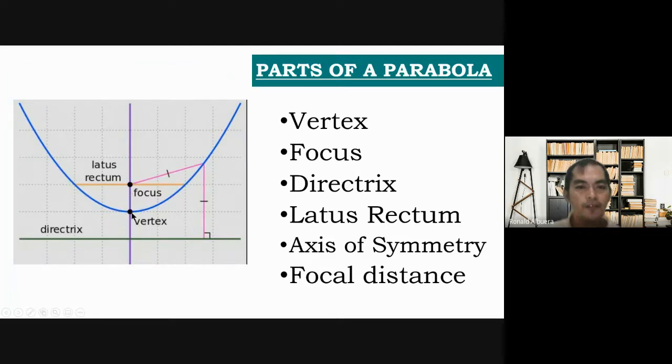So when we say the focus, okay, ito ang focus, ito ang vertex, ang directrix itong line na parang kulay green, ang latus rectum itong line segment na kulay orange, ang axis of symmetry itong line na kulay violet, at ang focal distance, itong length from focus to vertex or from vertex to focus, represented by P.